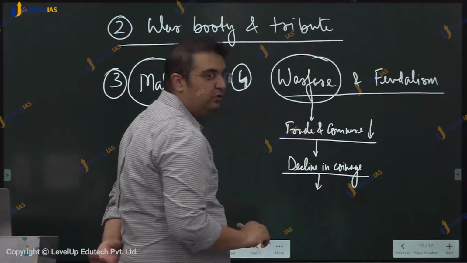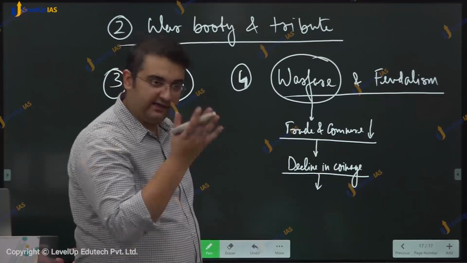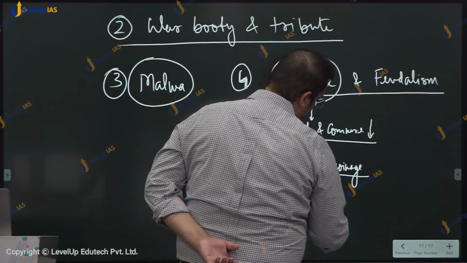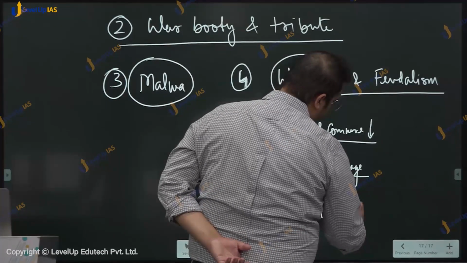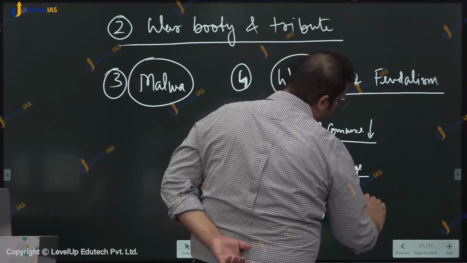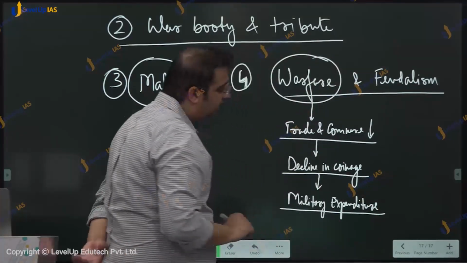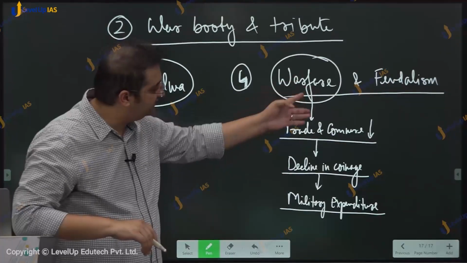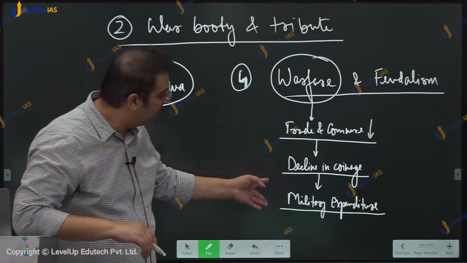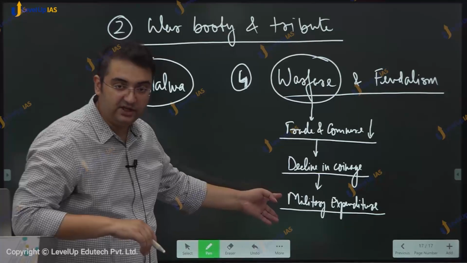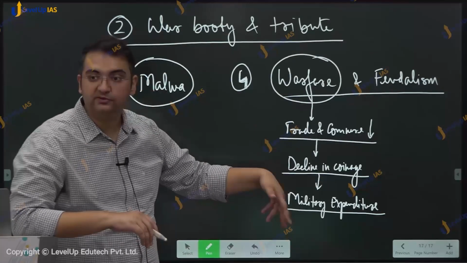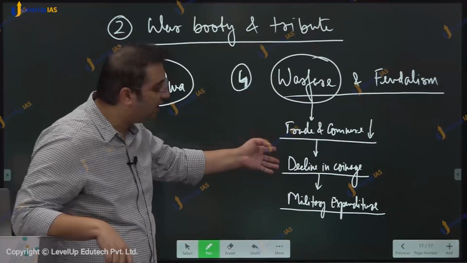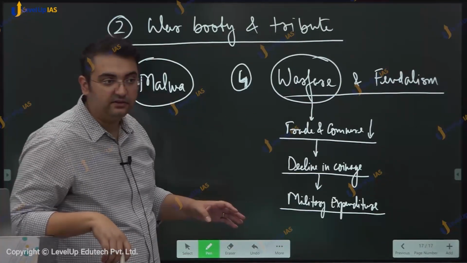What is going to happen to military expenditure? It is going to increase. Now, since the state is not in a position to pay its officials in the form of cash salaries, but it has to expand military expenditure, pay their commanders more and more, provide them with the ability to raise soldiers, तो क्या ऑल्टरनेटिव आएगा कैश सैलरीज के? लैंड ग्रांट्स.